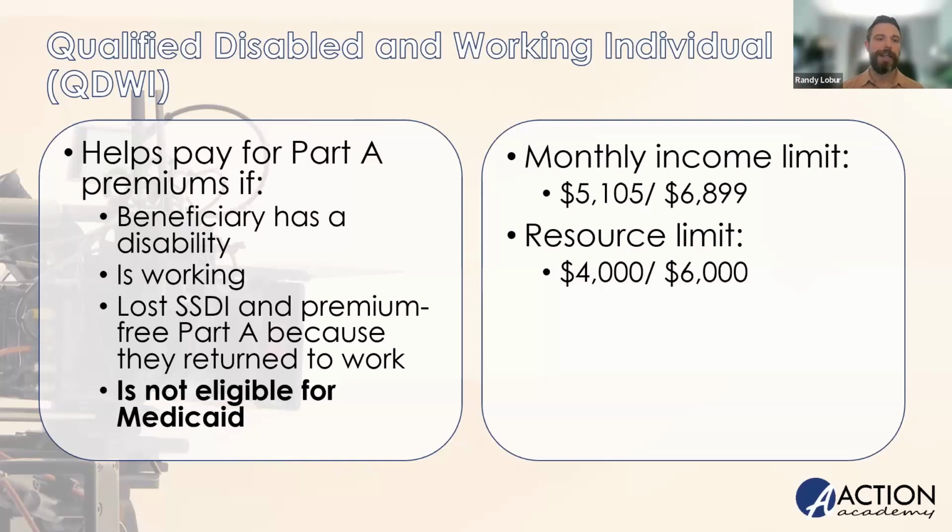So if the beneficiary has a disability and has lost their SSDI and premium-free Part A because they returned to work, and is not eligible for Medicaid, they can get assistance with their Part A premium. Because the Part A premium is generally more expensive, your income and resource limits here are a bit higher as well. So again, another way to provide support to a really vulnerable portion of the population.